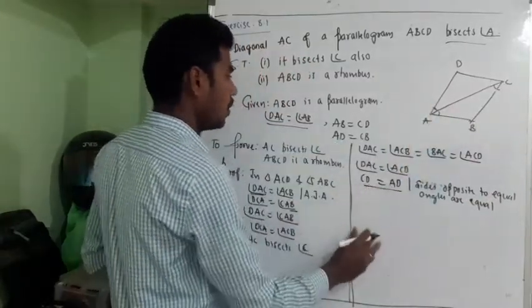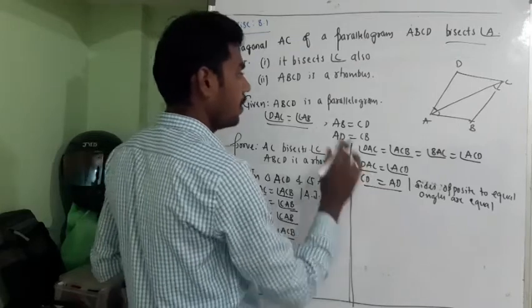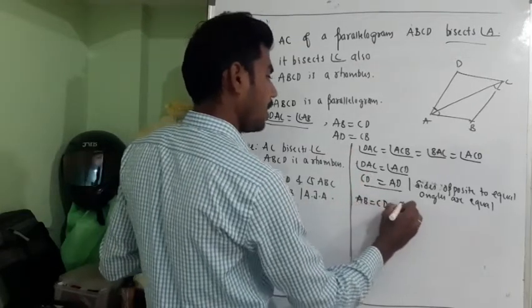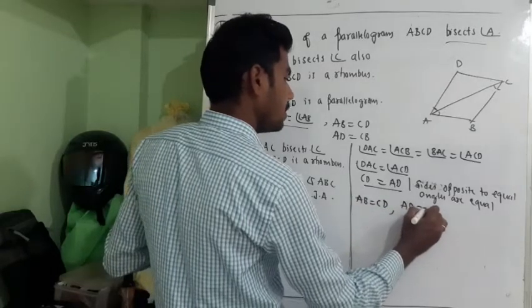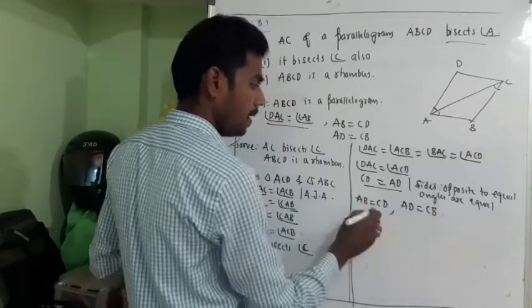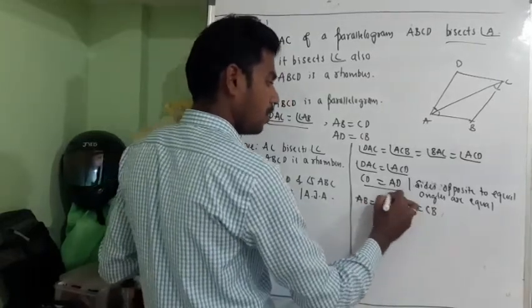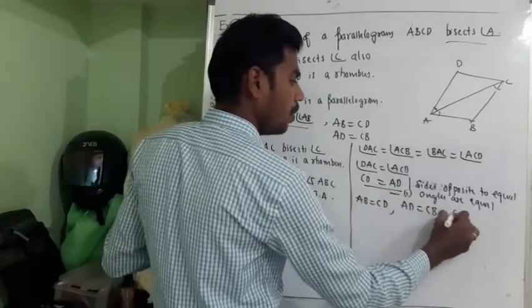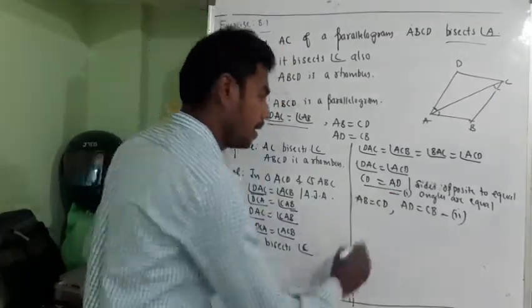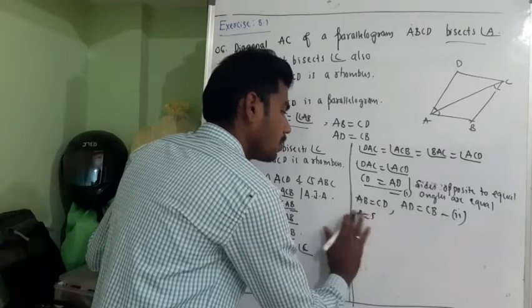Then CD is equal to AD, and even we said AB is equal to CD and AD is equal to CB, and from what we have now, CD is equal to AD. So from these two, if I call it equation 1 and this equation 2, what can I write?